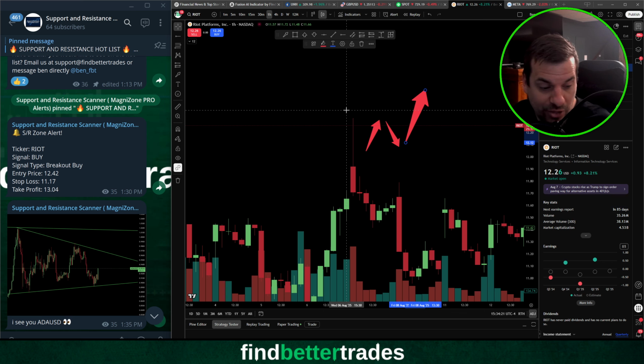Again, it's not 100%. No strategy is. No price action pattern is. If somebody tells you that, they're lying, because there is no 100% strategy. This is a scanner that's going to be finding these zones and alerting you at the best possible scenario. A buy or a sell, you don't have to jump over to the chart. You just grab the entry, stop loss, take profit. Everything's there. Everything's done.